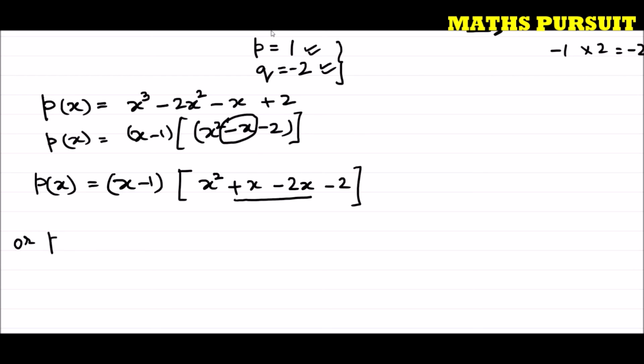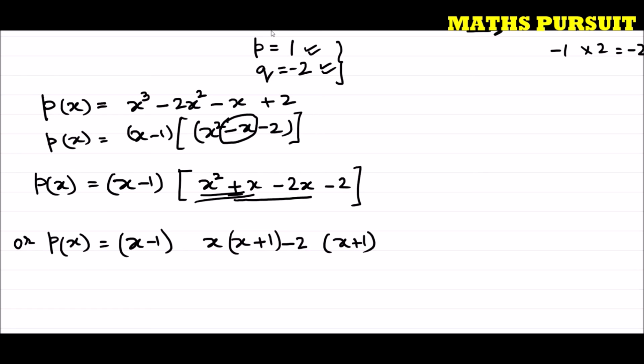Now Px is equal to x minus 1 into x squared plus x minus 2x minus 2. From these two terms, I can consider x as a common factor. So I can write x plus 1, and I need to see what I should multiply to get minus 2x.